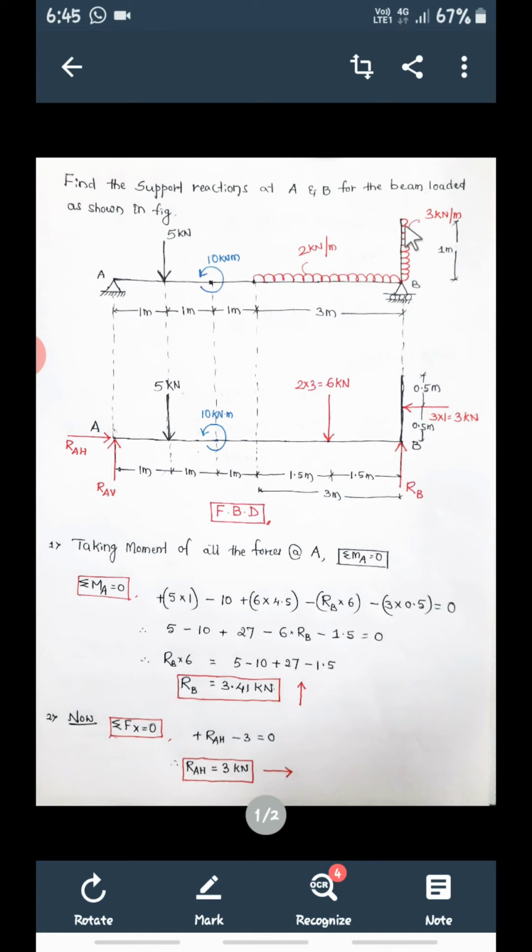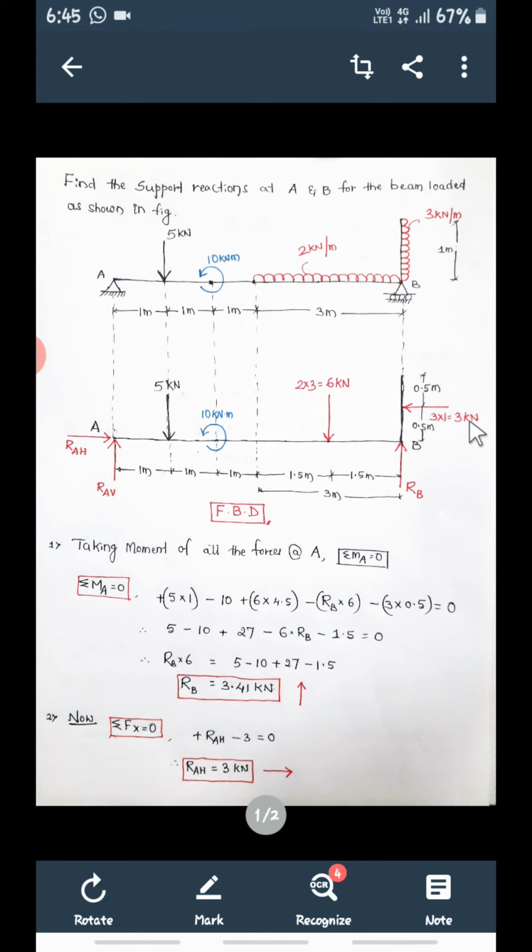Now let us convert this UDL. Now this will be acting in this direction. So again convert this UDL. First intensity is 3 kilonewton and it will be acting for a length of how much, 1 meter. So 3 into 1, 3 kilonewton point load. It is in this direction because the UDL is acting in this direction.